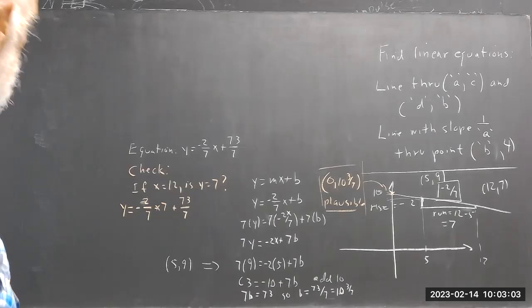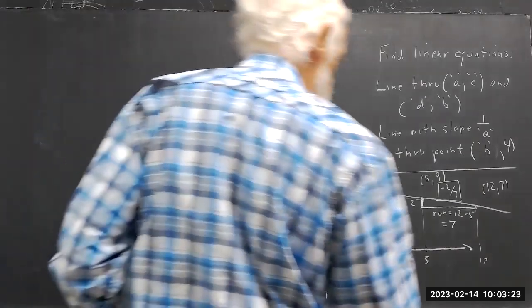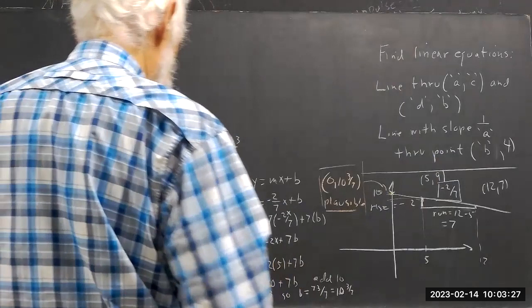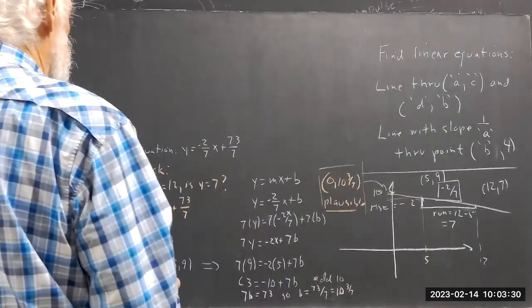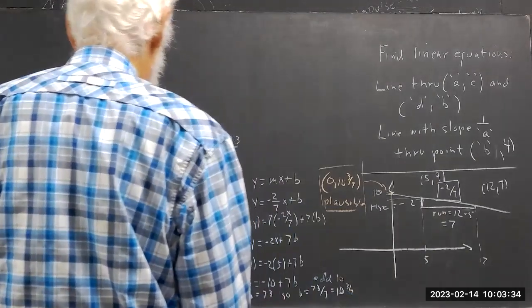Let's see what could be, it's all pretty simple. This doesn't look like it's going to check. You're going to get like 71/7. Well, that's because I plugged in 7 for x instead of plugging in 12. I wasn't very careful there. It should have been 12.